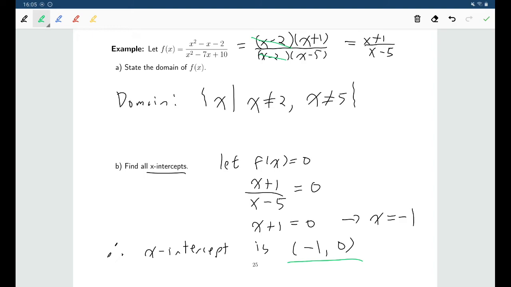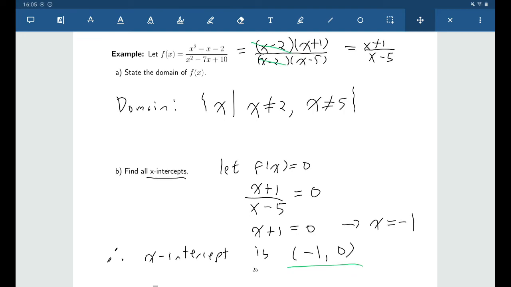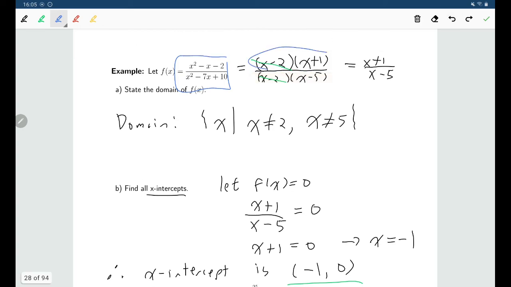Now, I do want to say that if you had decided to use the original function, so what if you decided to not use the simplified version, and solved for where is f of x equal to 0? Well, then you'd have this fraction being equal to 0, and of course, a fraction can only be equal to 0 when the numerator is equal to 0, and you might be tempted to say, oh great, x can be 2 or x can be negative 1.